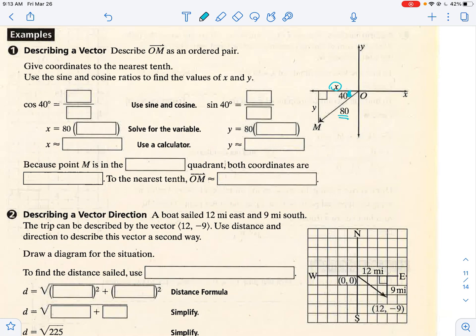So we're going to use cosine for that, because if we look at our acronym, adjacent and hypotenuse means we use cosine. So the cosine of 40 would be x over 80, which means we need to multiply 80 times cosine 40, and we get about 61.28.